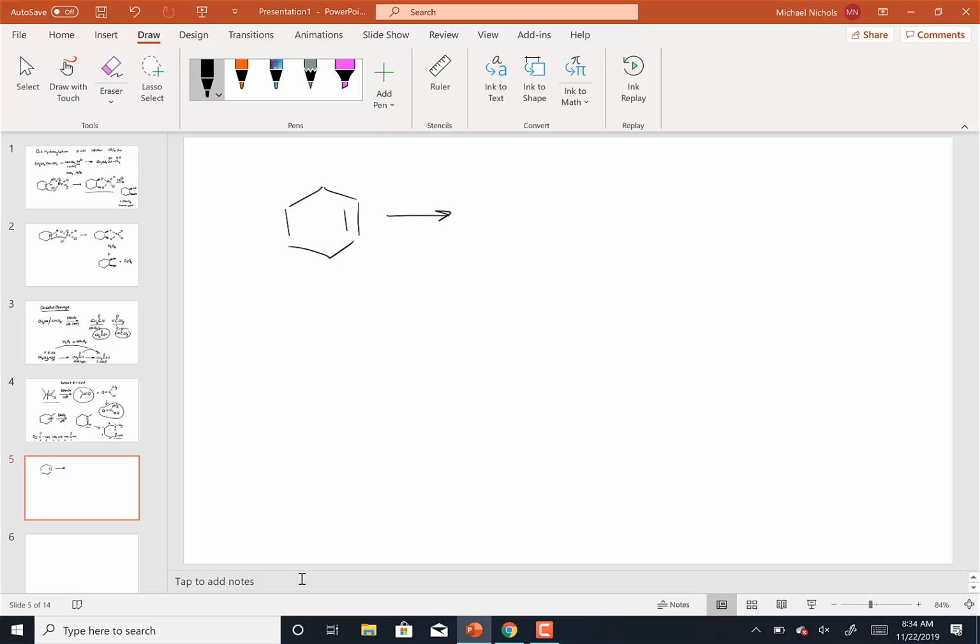So the way you do that is you take an amine, a 6-carbon chain with 2 amine groups on it, and you take a carboxylic acid with 6 carbons and 2 carboxylic acid groups on it.